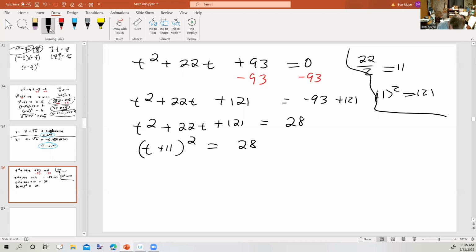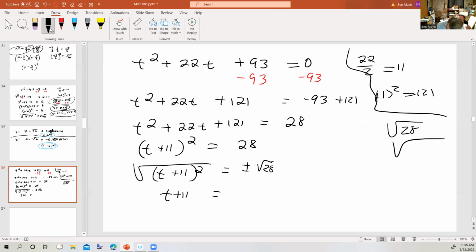Yes. So now we'll take the square root of both sides of the equation. On the left side, I get t plus 11. On the right side, I can take the square root of 28 and write it as the square root of 4 times 7. The square root of 4 is a 2 outside, so I get plus or minus 2 square roots of 7.